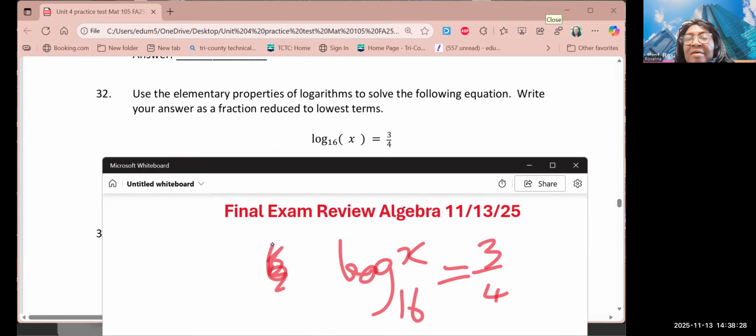In other words, we're not using a calculator. Another thing you want to remember is that logarithm and exponential function have inverse properties. So change it from logarithm to exponential function, and the rest is history. So let's do that.